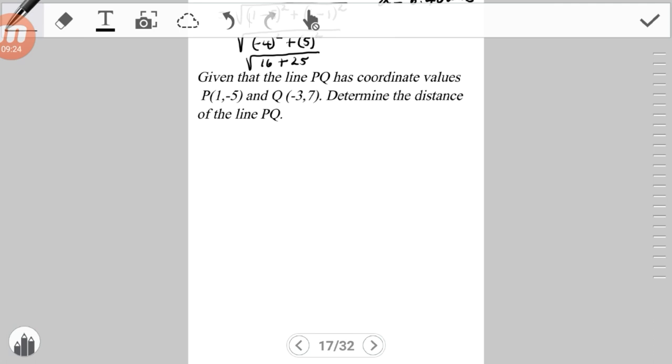Okay, so once again, an application of the formula, d is equal to the square root of x2 minus x1, and that's going to be, say here, y2 minus y1.